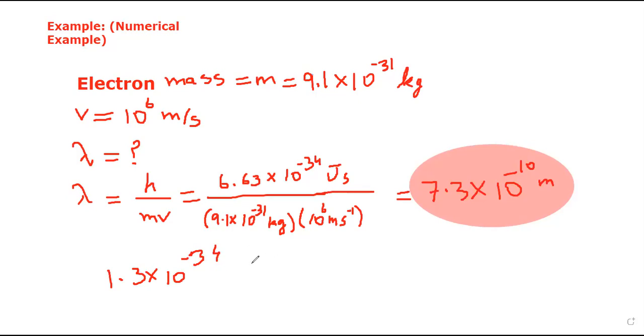So you can see here that the wavelength of the electron is very, very large as compared to the wavelength of the cricket ball.